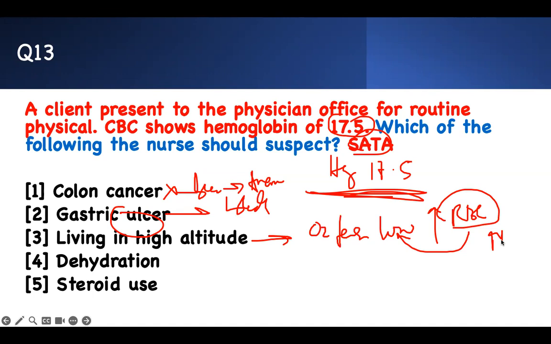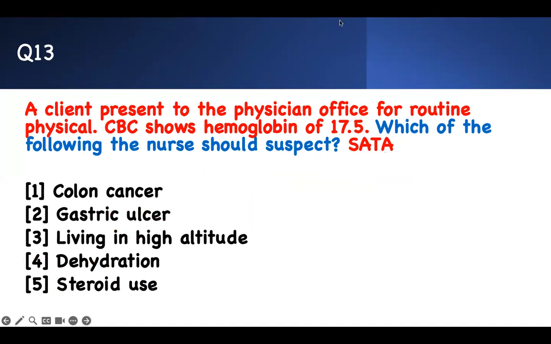Some people go and train at higher altitude to get this kind of stimulation of hemoglobin. When you're dehydrated, yes, you get that. Steroid use, anabolic steroids, stimulate red cells. That is why athletes use them, so that they can exercise much better. So that's one. So 3, 4, 5 is what I expect. Okay.